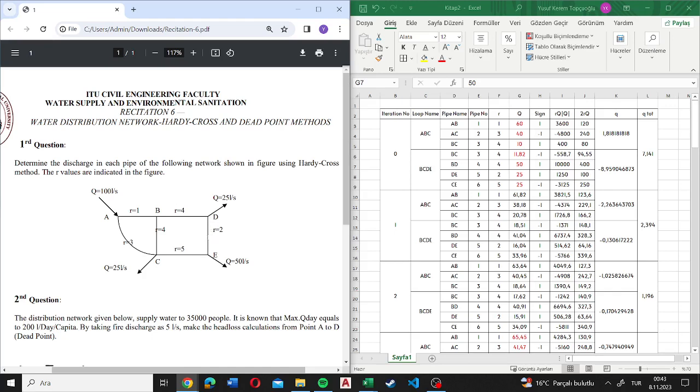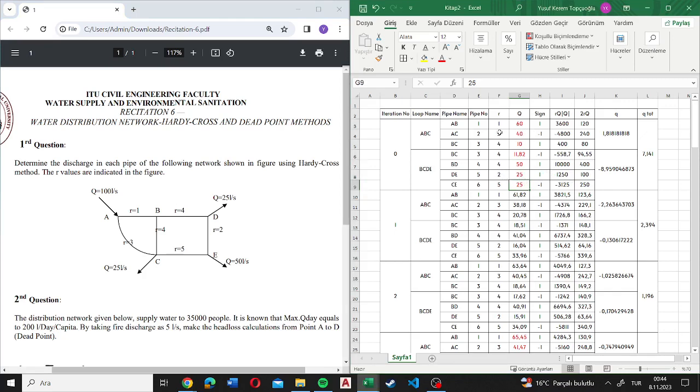The 25 comes from here, and from point E, 50 goes out from the system. It means that CE equals 25, because 25 plus 25 equals 50, as shown in the Excel file that I created.